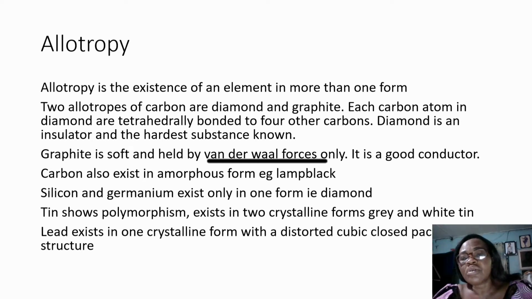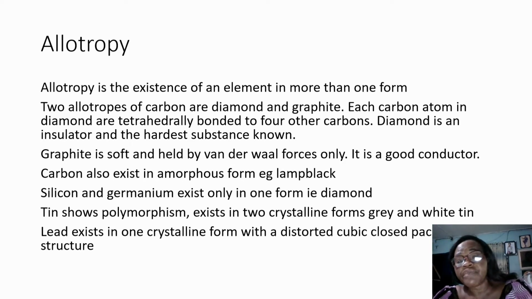Graphite is a good conductor of electricity. Remember I said it is held by van der Waals forces. Carbon also exists in amorphous forms like lamp black. Silicon and germanium exist only in one form, that is diamond. Remember, carbon exists in two forms, the diamond and graphite. There are also amorphous forms of carbon.